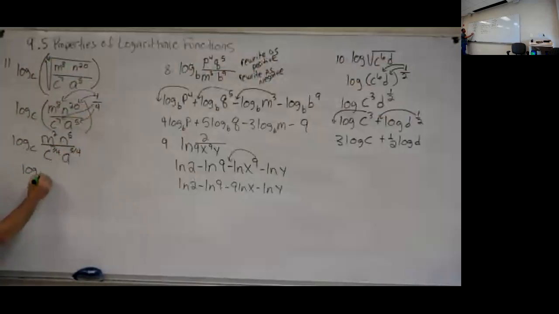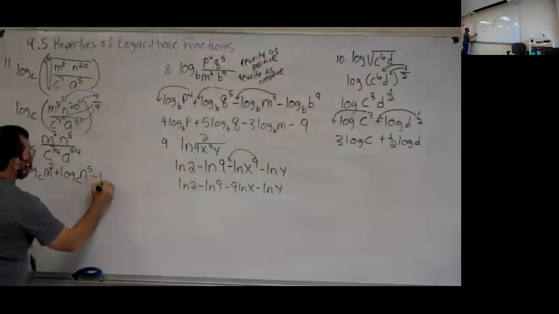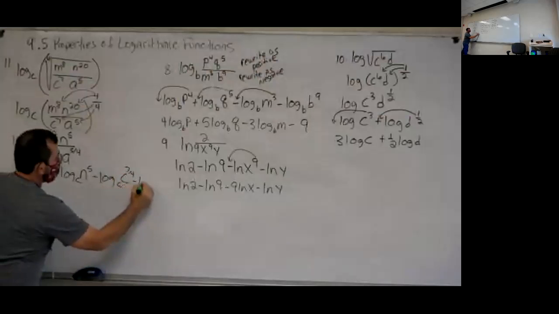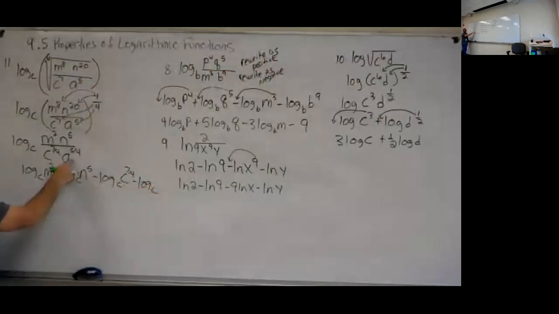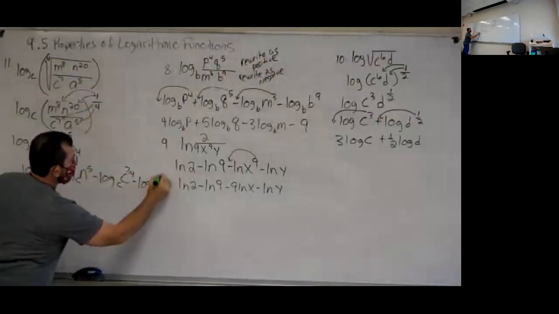So log C of M squared plus log C of N to the 5th, and then it's minus log C of C^(7/4) minus log C of A^(5/4).